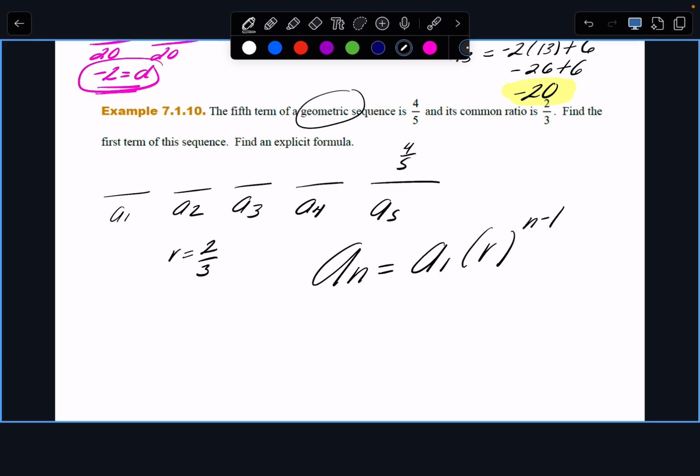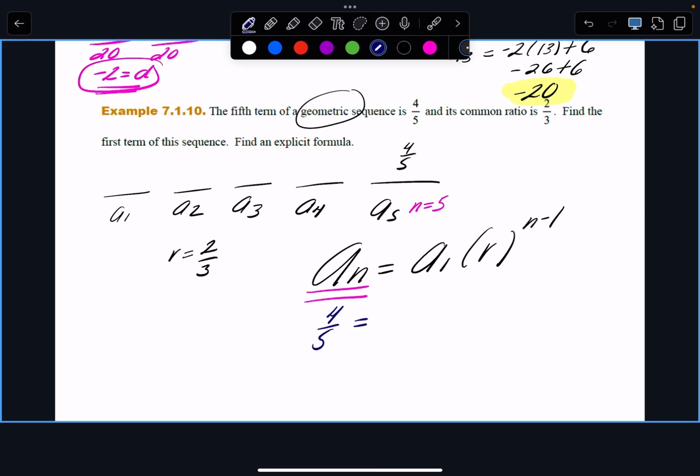How come I use that? Because now they switched to geometric. I'm going to see if it's easier just to solve by plugging in what I know. Last period, they had me take 4/5 and divide by 2/3 a few times, which just took a lot. So I'm just going to plug in. What is n here? 5. What is a sub n? 4/5.